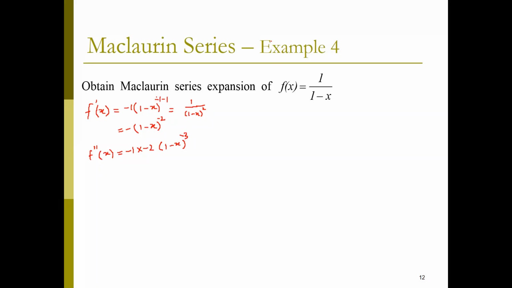Minus 1 comes from the power, and one more minus sign we should have here, because the derivative of minus x is minus 1. If I multiply these two minus signs, I have a plus sign here.